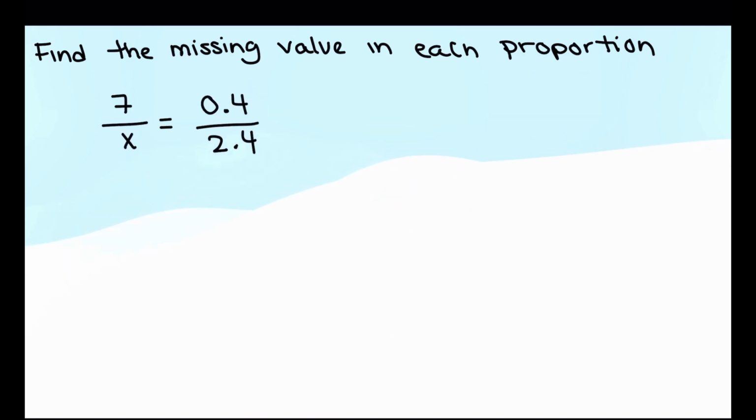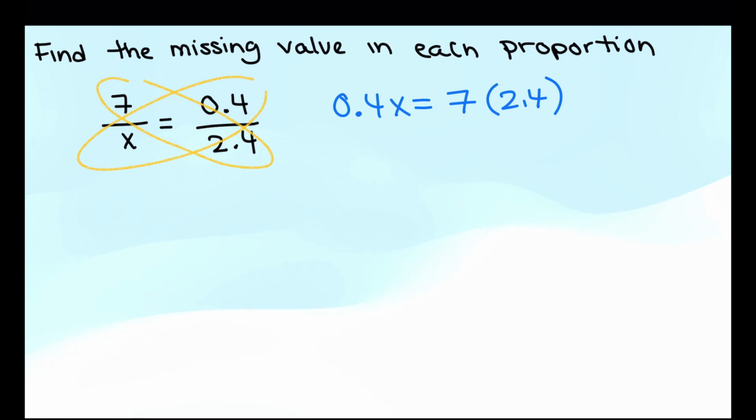Let's do one more. Find the missing value in the proportion. Exact same process. We are going to set our cross products equal. So I'm going to take x times 0.4, and that's going to equal 7 times 2.4.